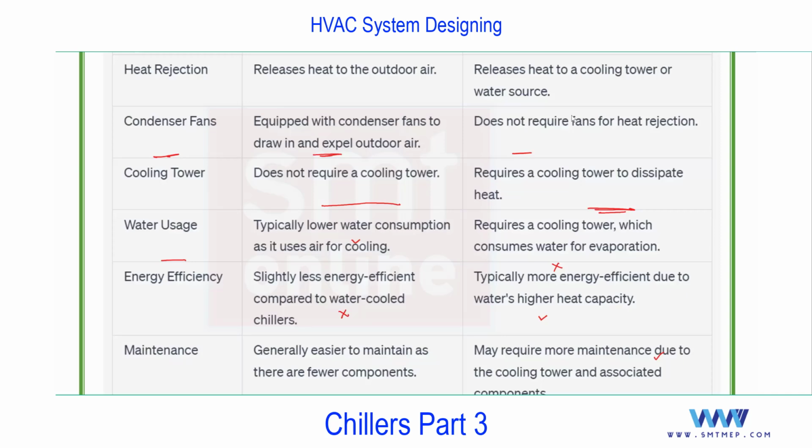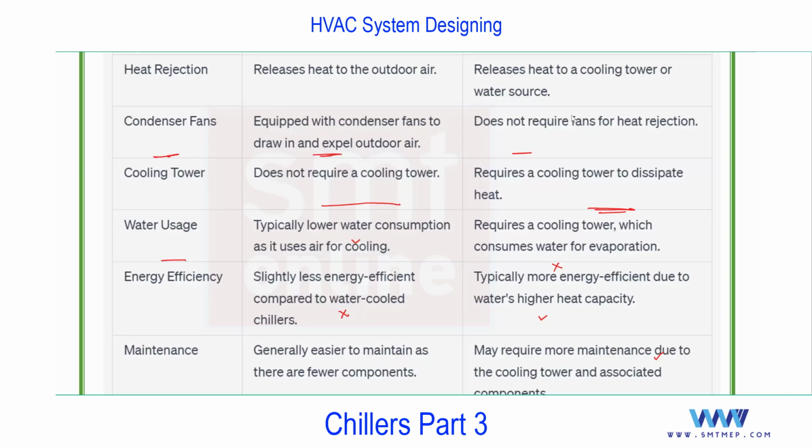Because an air cooled chiller works efficiently when the outside temperature is less than 35 degrees centigrade. If it exceeds that, say 40 or more, what will happen? The heat extraction capacity of the air is going to reduce because we are using air to cool the condenser. If the outside air is hot, the efficiency or heat extraction reduces. In that case, the water cooled chiller works efficiently.